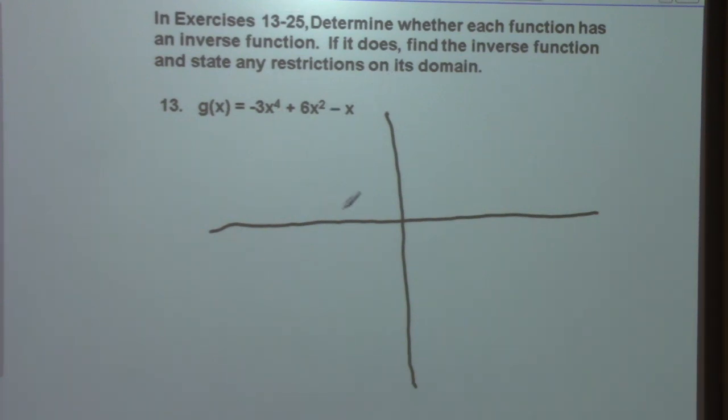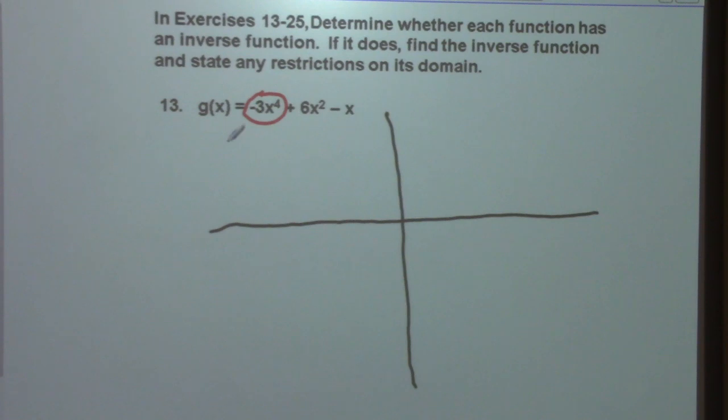The things you look for are whether the polynomial function is negative or positive, and odd-natured or even-natured. So if we look at this thing right here, is this going to be a negative or a positive function? Negative, right?